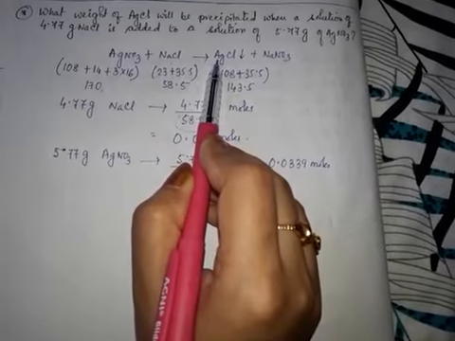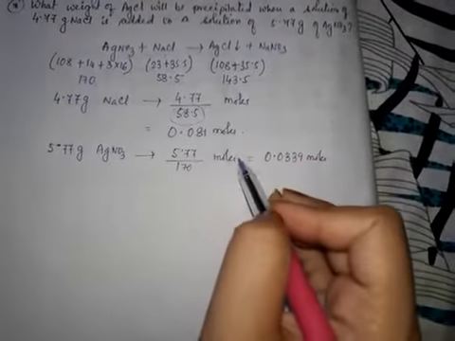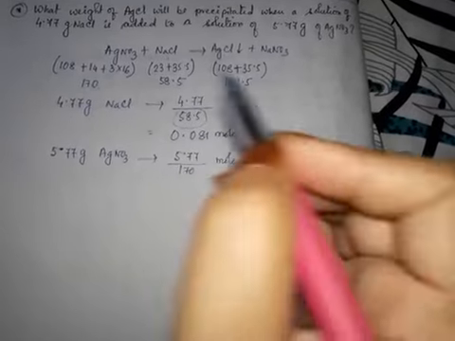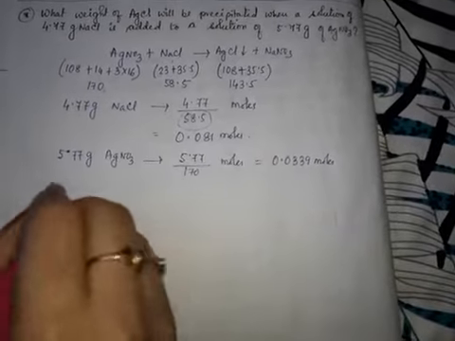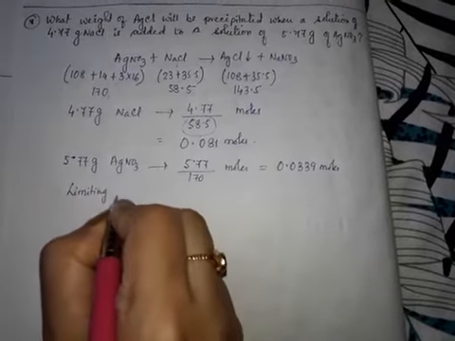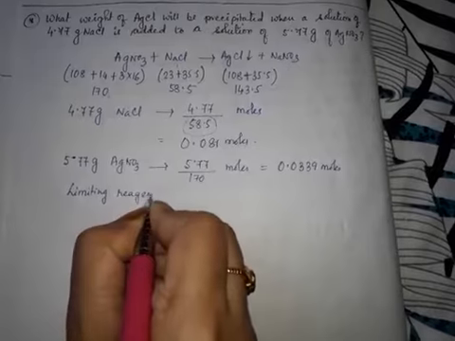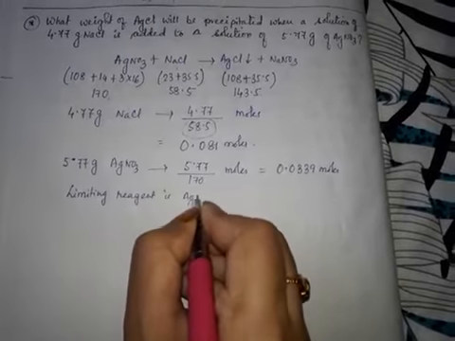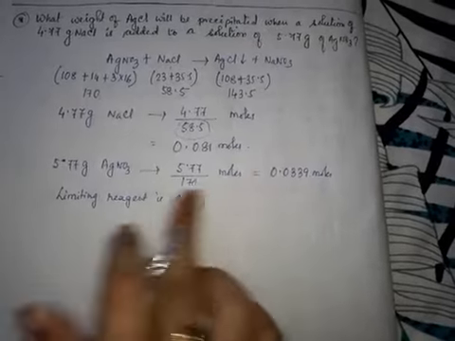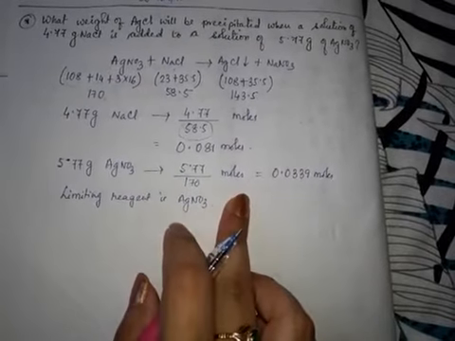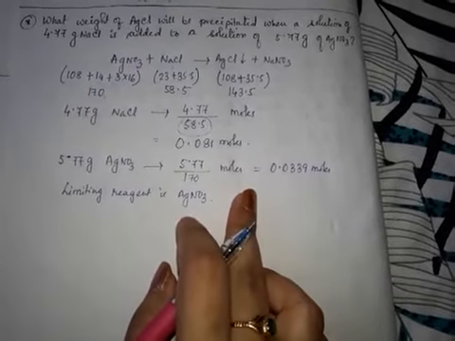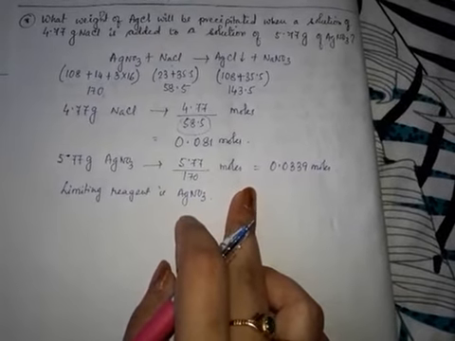After comparing the number of moles, we get that the limiting reagent is AgNO3. So we write that the limiting reagent is AgNO3. What is the limiting reagent? A limiting reagent in a chemical reaction is a substance that is totally consumed when the reaction is completed.